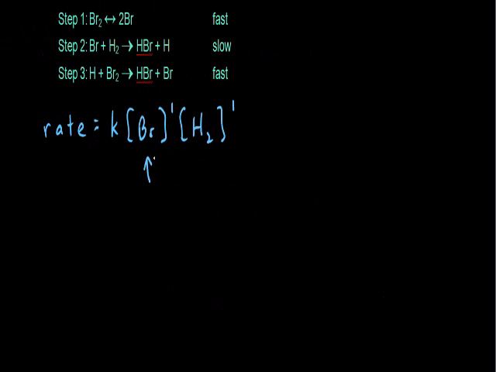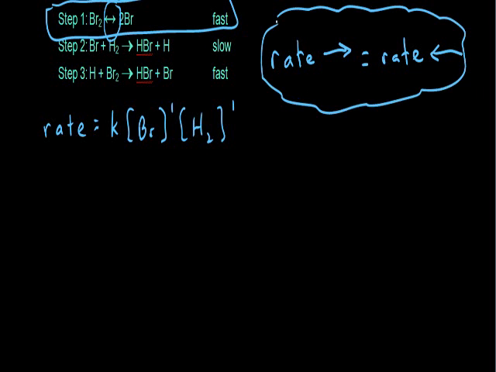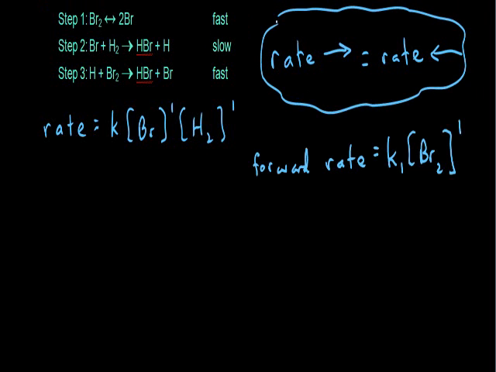To eliminate the Br from our preliminary rate law expression, we need to see if Br appears in any of the other reaction mechanism steps. We can see that in step 1, we also have Br appearing, and that step 1 is an equilibrium process. Now, when something's in equilibrium, we can say that the rate going forward is equal to the rate going backwards.